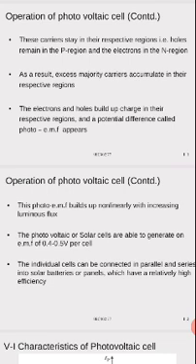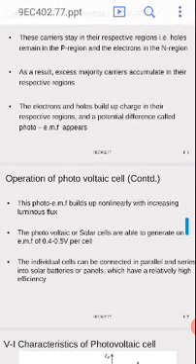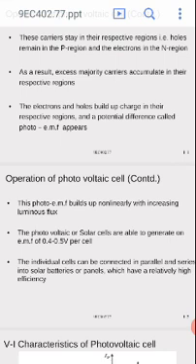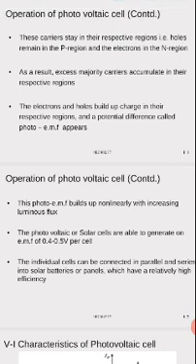The photovoltaic or solar cells are able to generate an EMF of 0.4 to 0.5 volts per cell.